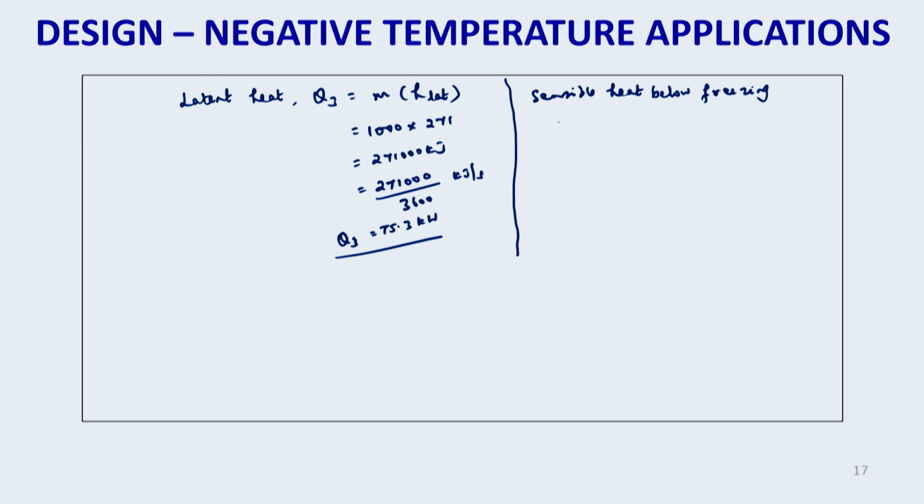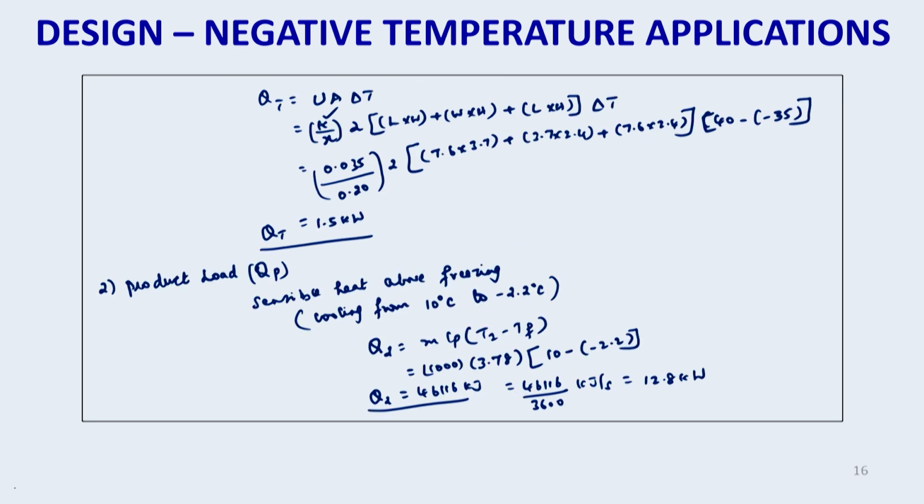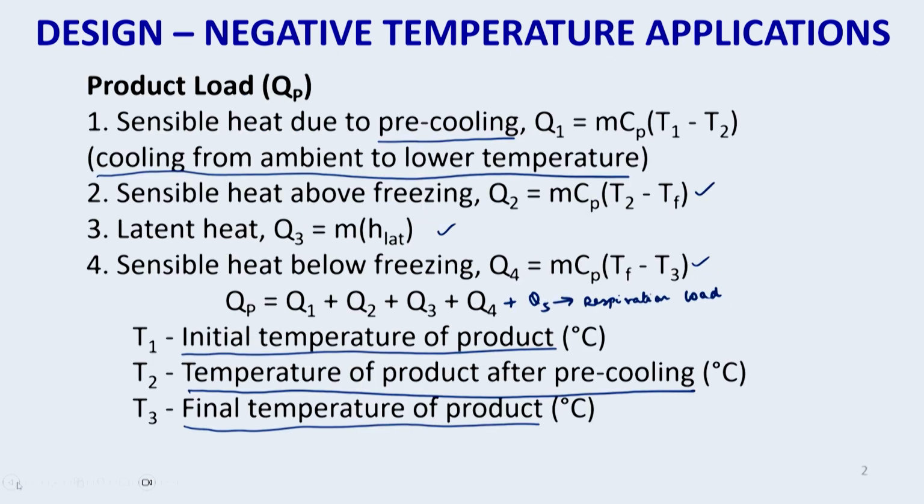Sensible heat below freezing, that will be Q4, equal to m Cp delta T. Delta T is from the freezing point to the next temperature, that is T3. That is Tf minus T3.